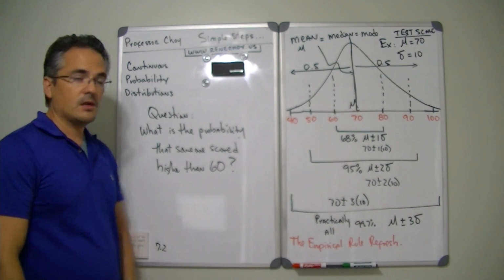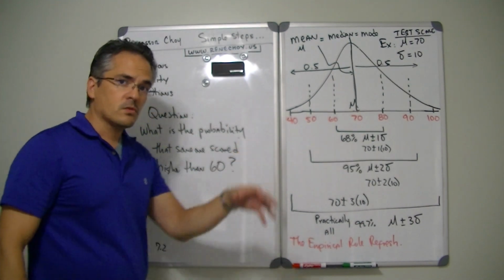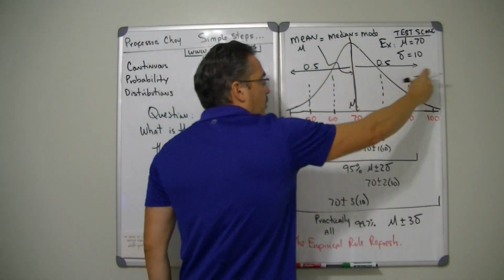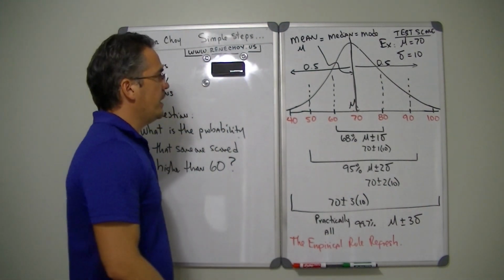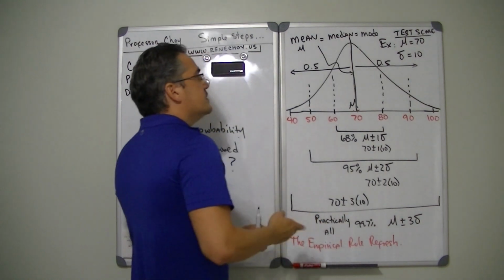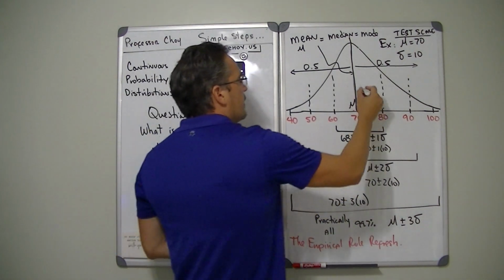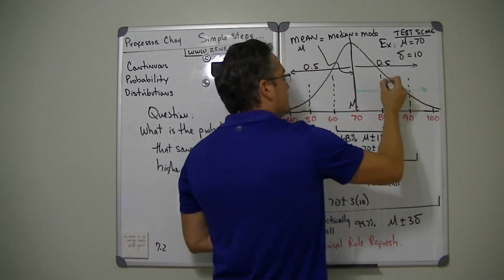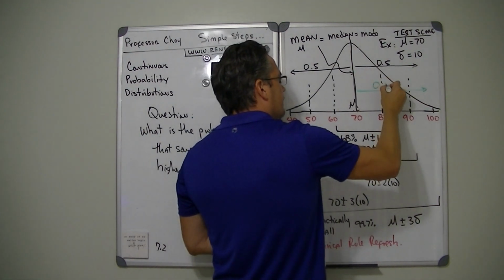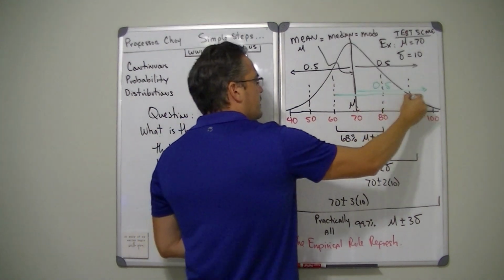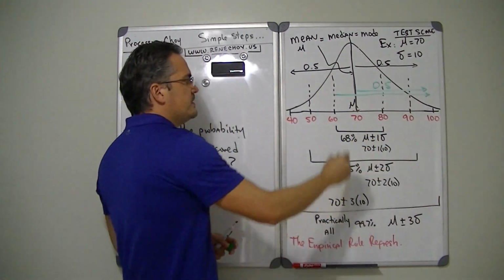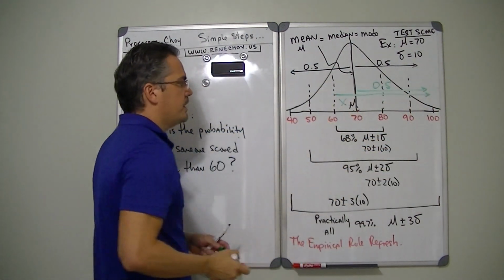Well, in this particular case, we know that higher than 70 is 0.5. But then how much is higher than 60? Well, let's check it out. We know that this area is going to be 0.5. But we got to go from 60 all the way there. So we're missing basically this portion here.